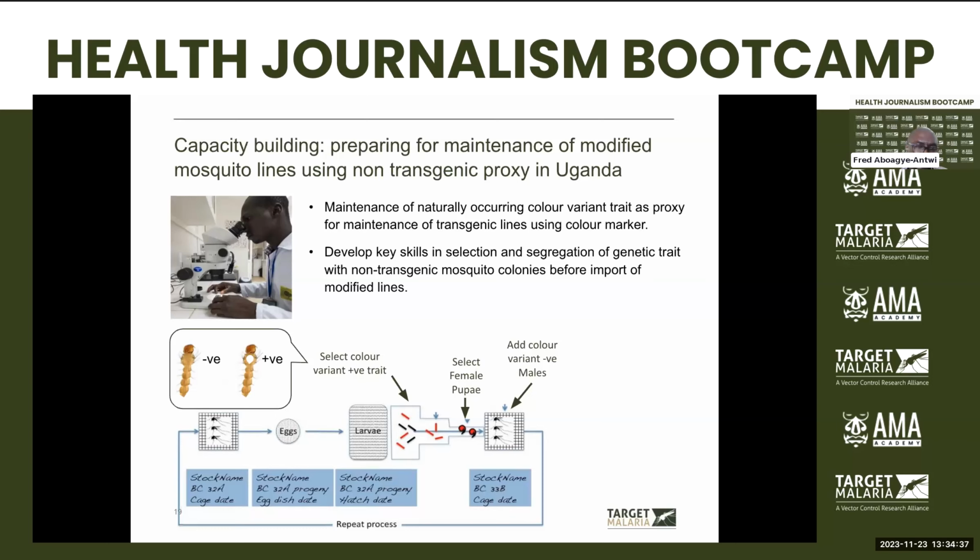And these specific markers are on the larvae, the immature stages of the mosquito. Some have red markings, others have white markings. And the team in Uganda are being trained on this to build their capacity such that when the time comes for them to handle the actual modified mosquitoes, they'll be able to use that same procedure and get the needed outcome. Next slide, please.